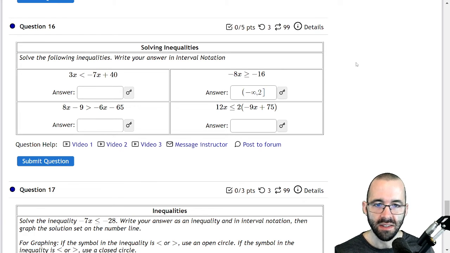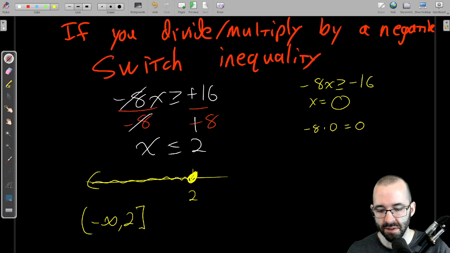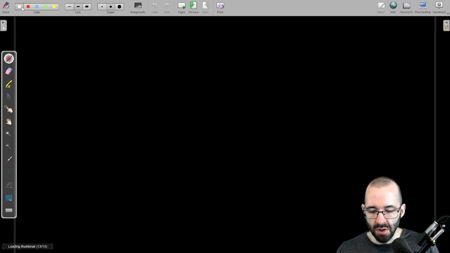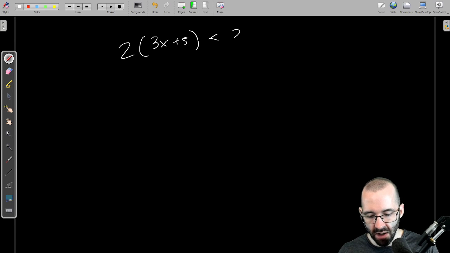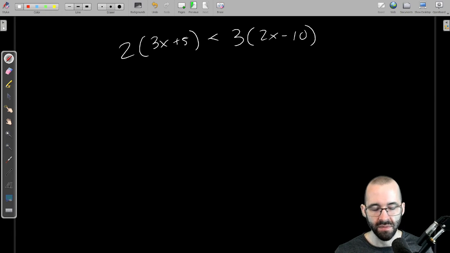Instead of doing the second one, I'm going to show you something else. What if I asked you to solve this inequality: 2 times 3x plus 5 is strictly less than 3 times 2x minus 10?